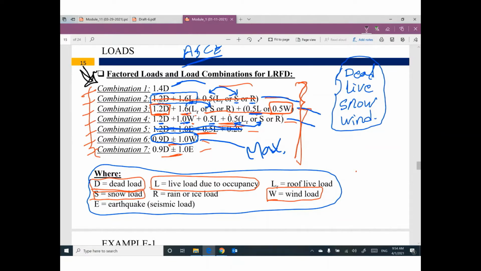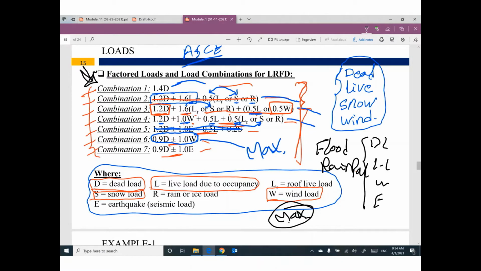The problem gave us values for dead load, live load, wind, earthquake, and I think there is another load, flooding load, rainfall load, and they are asking about what is the maximum effect or what is the maximum combination. Actually, we have different combinations if you would like to include flooding and rainfall. Okay, so these cases you should be familiar with.